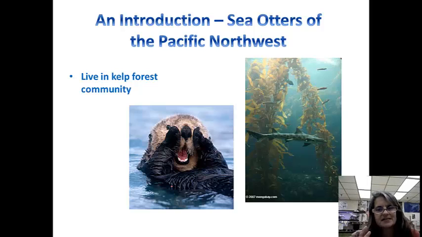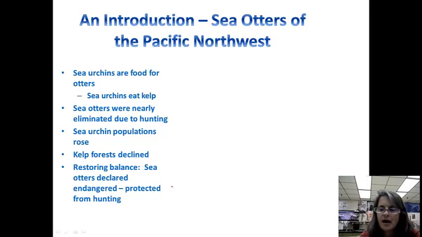So to talk about an example of how populations can be studied and how they affect each other: sea otters in the Pacific Northwest, a great example of population studies. They live in a kelp forest community, which we've briefly talked about, and they're super cute.